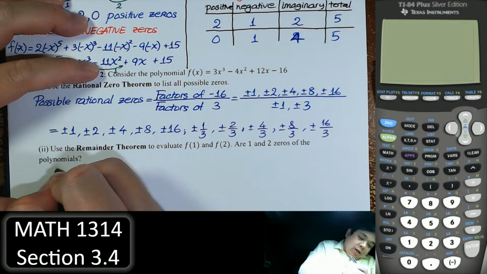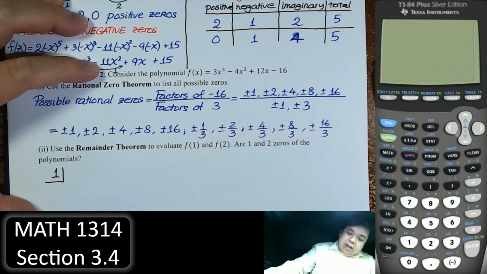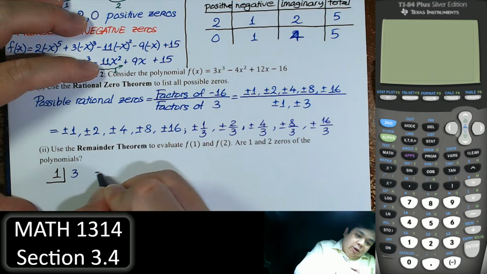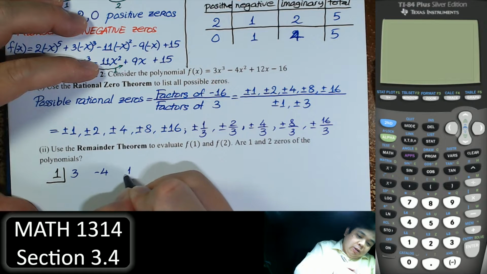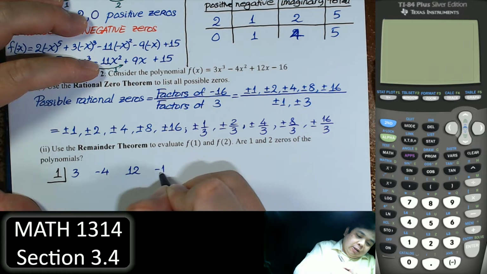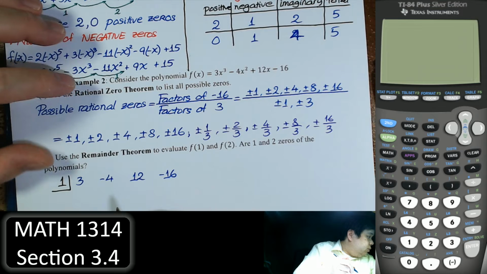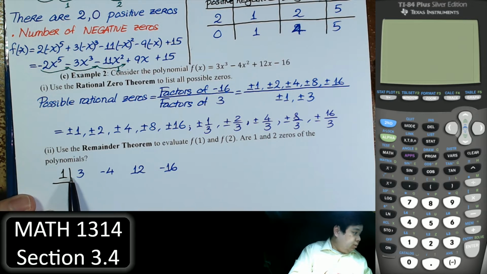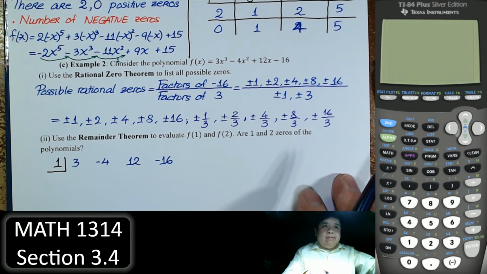Let's put 1, 3, -4, 12, and -16. Alright, just divide that.